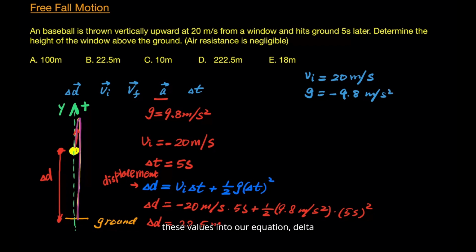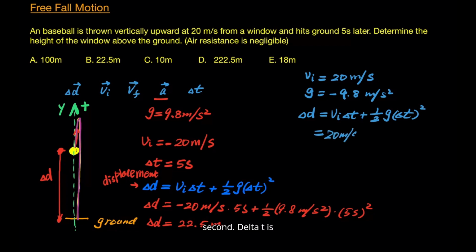When we plug these values into our equation, delta d is vi delta t plus 1 over 2 g delta t squared. It equals vi, which is 20 meters per second, times delta t, which is 5 seconds again, plus 1 over 2, g is negative 9.8 meters per second squared, multiplied by delta t, which is 5 seconds, squared. It equals negative 22.5 meters.